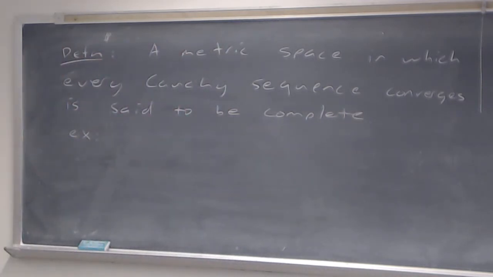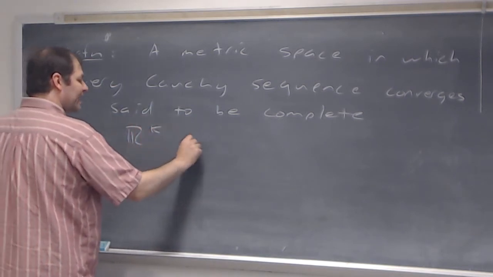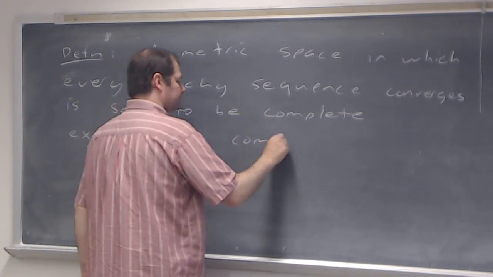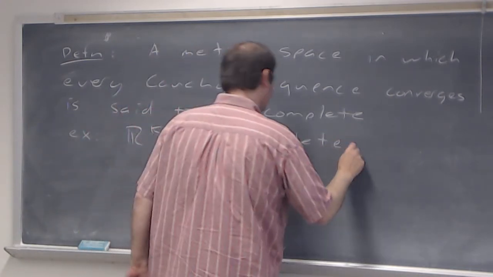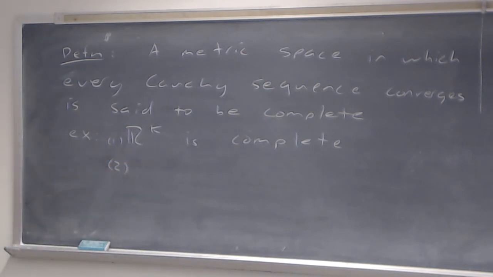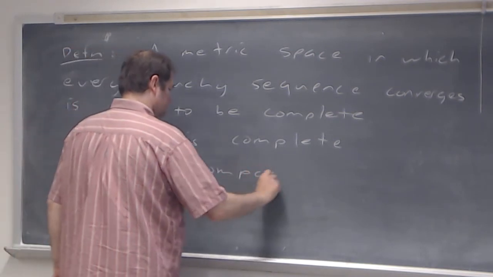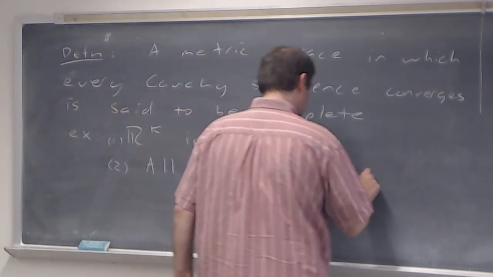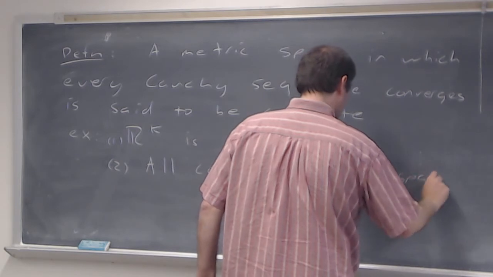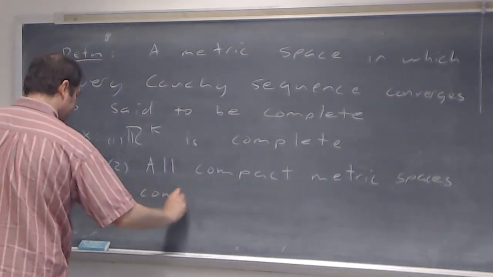So, examples. 1, R^k is complete. We just showed that. 2, all compact metric spaces are complete.